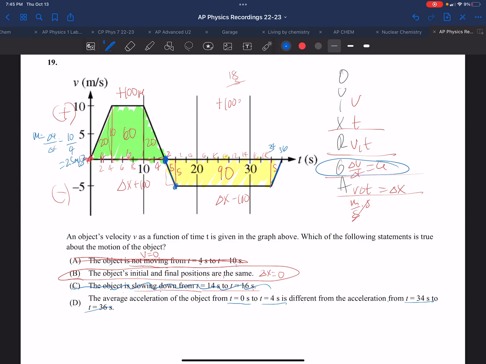Well, here we have a delta y of 5 over 2 seconds, which is 2.5 meters per second squared. And this one's positive, and this one's positive. So they actually have the same. There's a lot of work we do here to disprove all these. We want to be sure we don't miss a detail, but the answer is B.